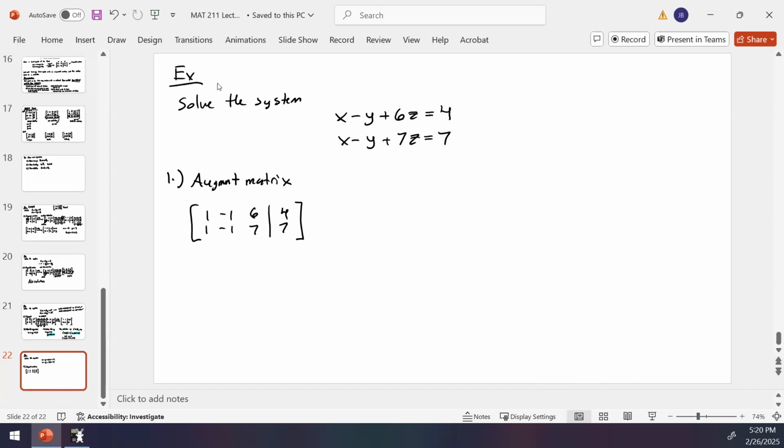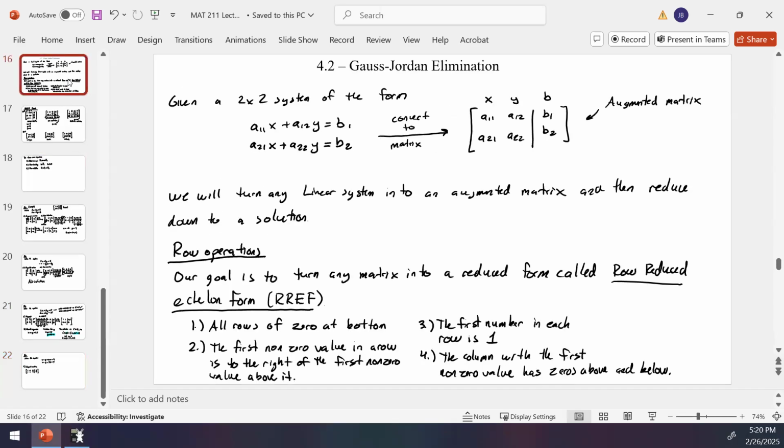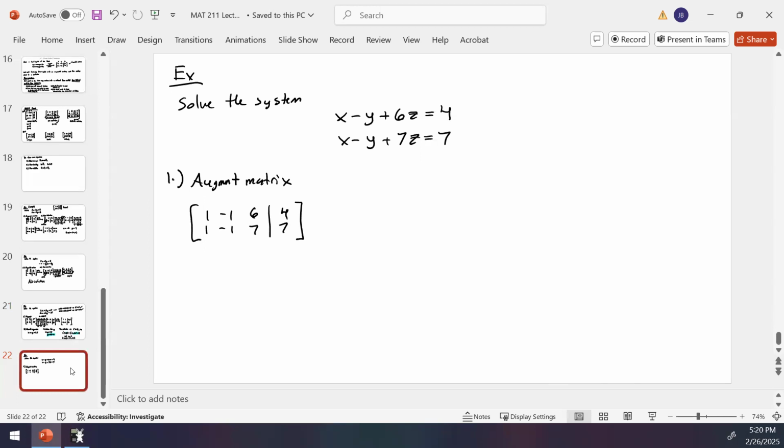Your goal, if you go back to the definition of RREF, is that the column with the first non-zero value has zeros above and below it. We call those pivots. When you're row reducing, you only have to make it into that RREF by making the number above and below each of the, I call them the first place leaders of the row, have zeros above and below. So what do I mean by that?